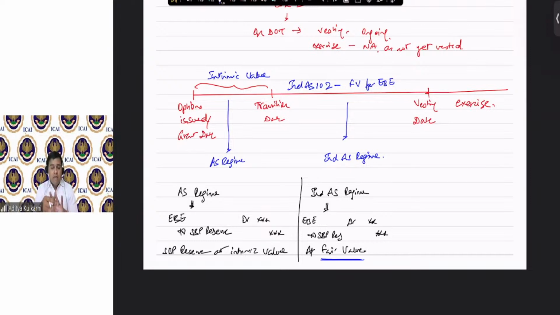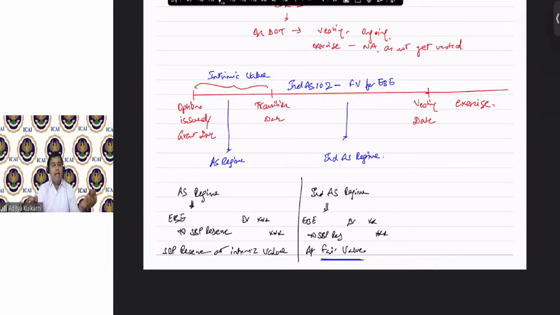In the third case, options have not yet vested on the date of transition. So employee benefit expense needs to be booked in the future. And because employee benefit expense needs to be booked in the future, Ind AS regime requires it to be booked at the fair value on the grant date. But the existing SBP reserve is at the intrinsic value under the previous regime. And therefore, there is no transition relief provided here.